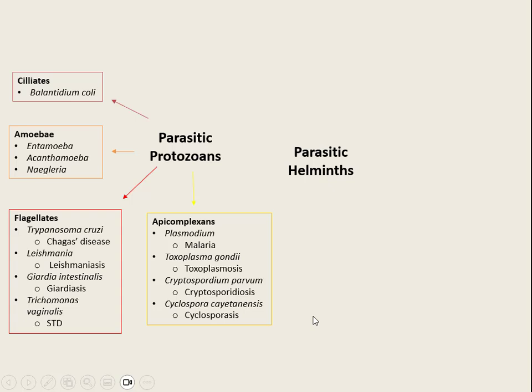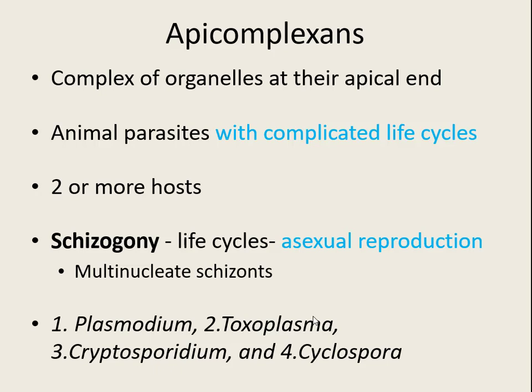And then our last group of protozoans are the apicomplexans, which means they have some complex of organelles at their apical end, at the tip. Now, most of these are animal parasites with more complicated life cycles, which means they usually have to go through 2 or more hosts till they eventually make it to the definitive host.